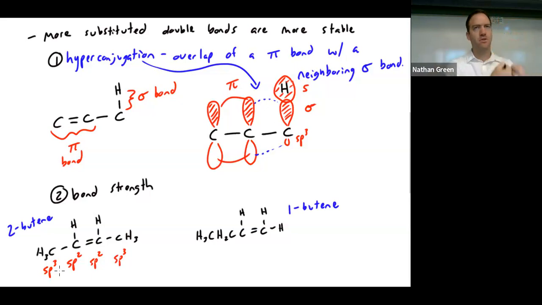Right? So polar covalent bonds are stronger than just normal sharing covalent bonds. An sp2 hybridized bond is purely covalent. An sp3 sp2 hybridized bond is a polar covalent bond.